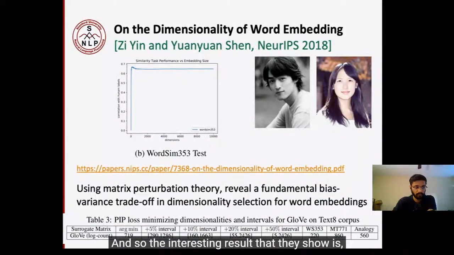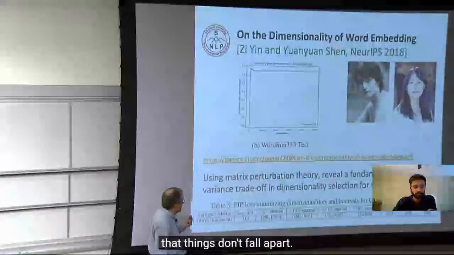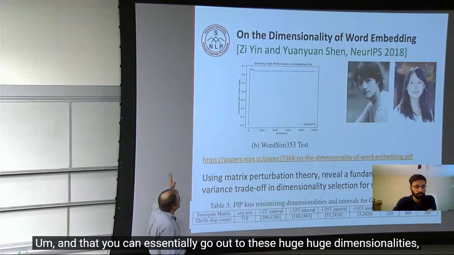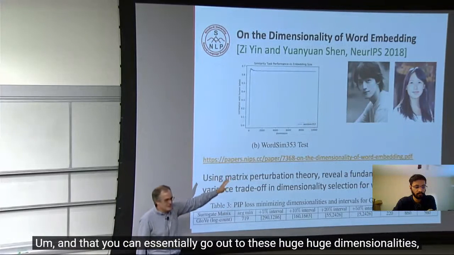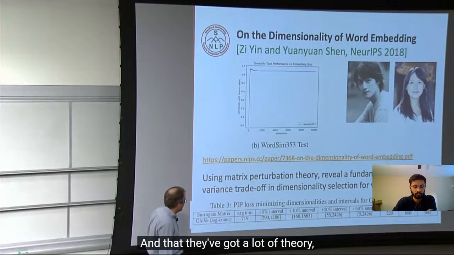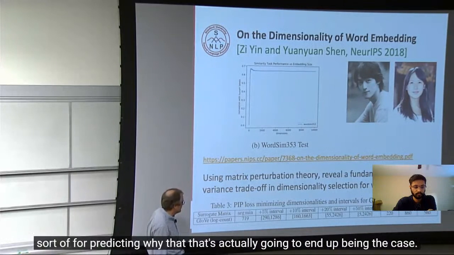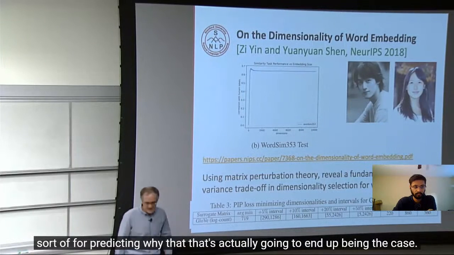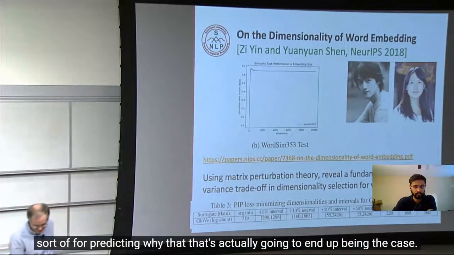And so the interesting result that they show is that things don't fall apart, and that you can essentially go out to these huge dimensionalities and the performance stays flat, and they've got a lot of theory for predicting why that's going to be the case.